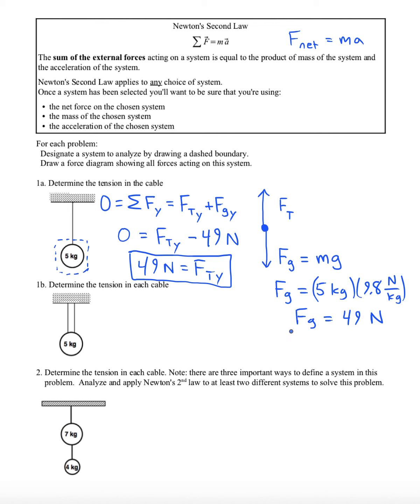What if that 5 kilogram mass, though, is held by 2 strands? It's still going to have the same weight of 49 newtons. But this time, it's suspended by 2 strands, and I'll call that Ft.